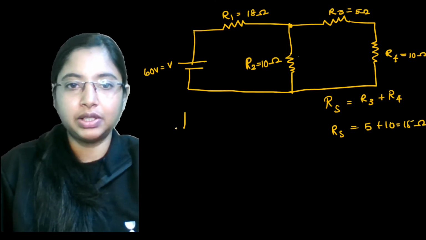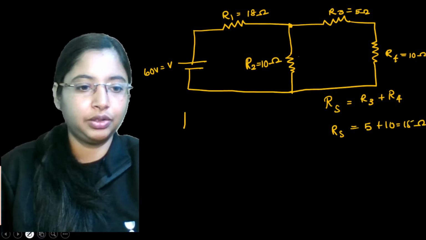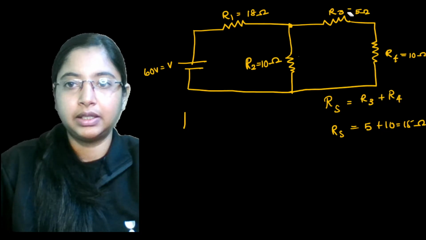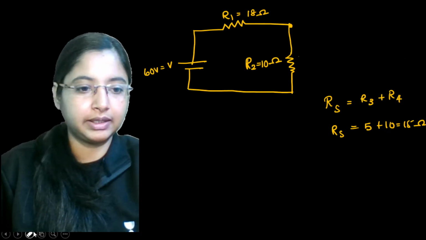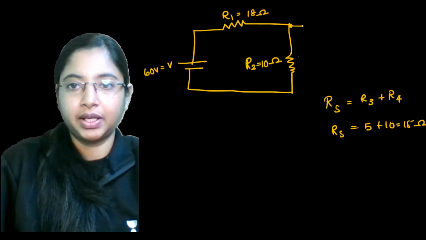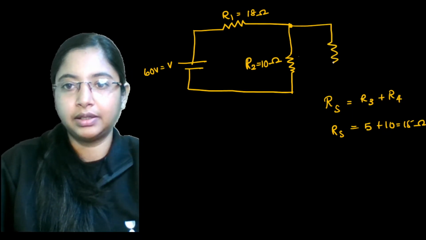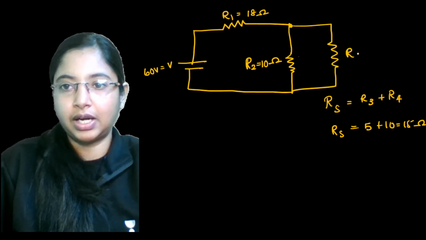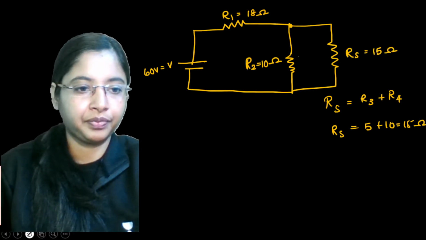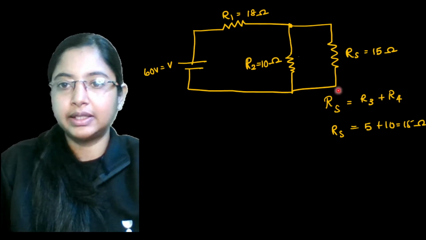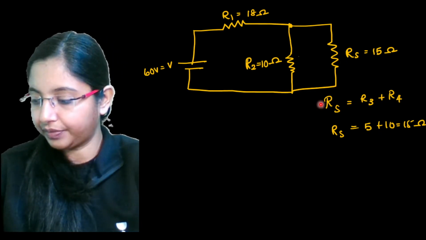Now this particular circuit, instead of these two, you can replace one single resistor value, that is your RS, which is 15 ohms.